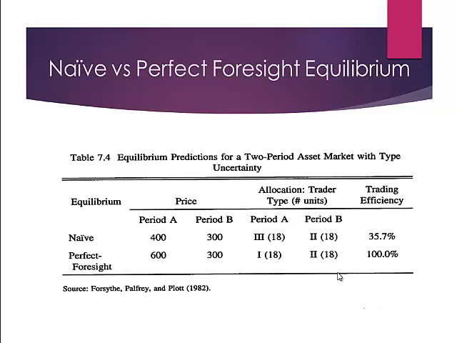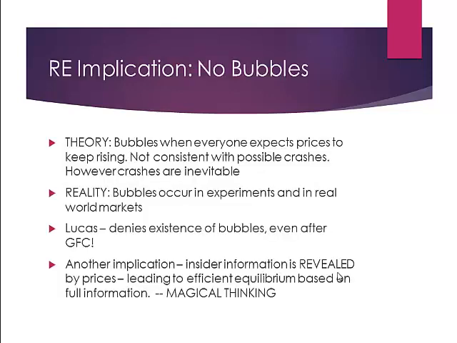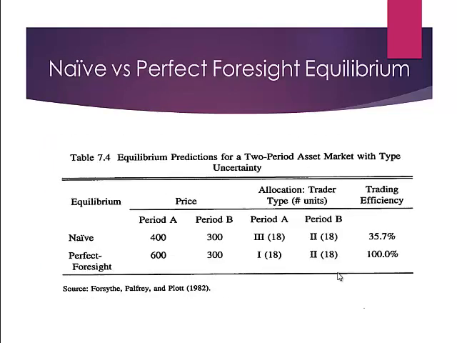In the second period, because they are only earning 250, they will be able to sell. Instead of realizing their own 250, they can sell it for 300. So this is what will happen in the naive equilibrium: type 3 will buy everything for 400 because they know that they can make 400.